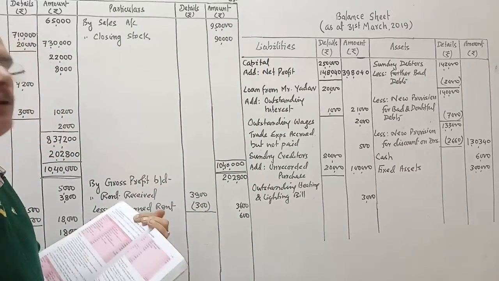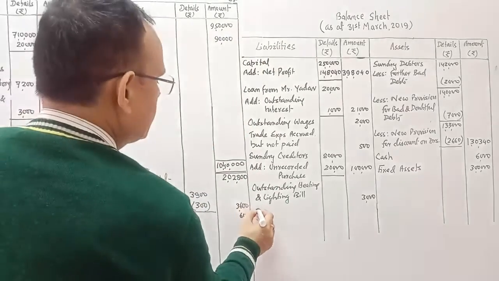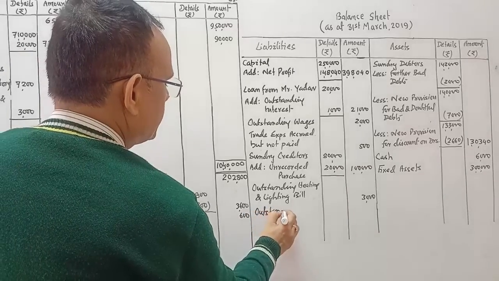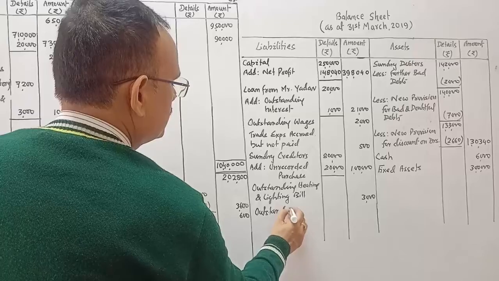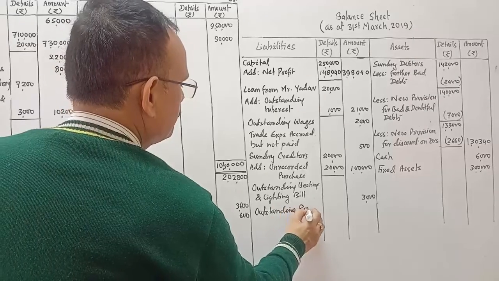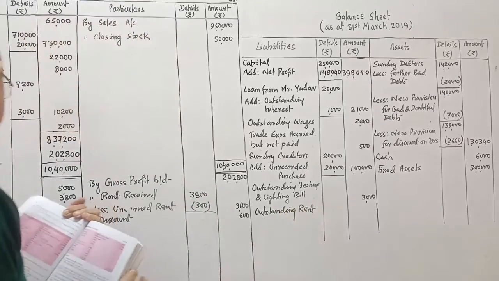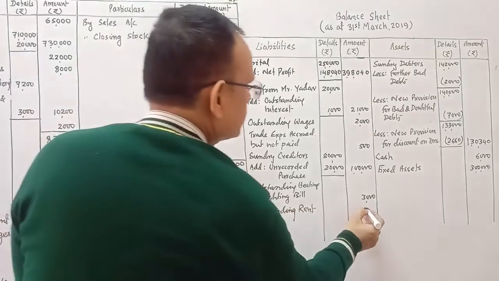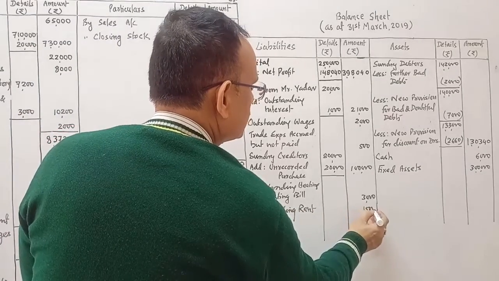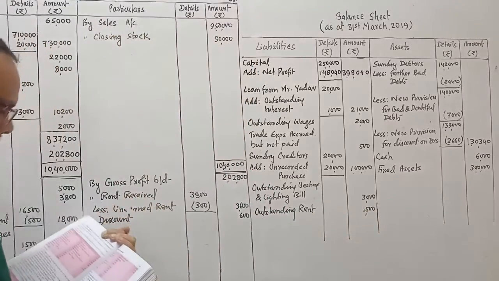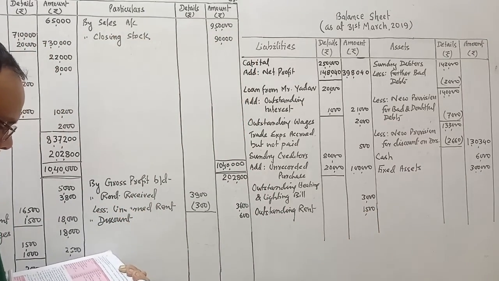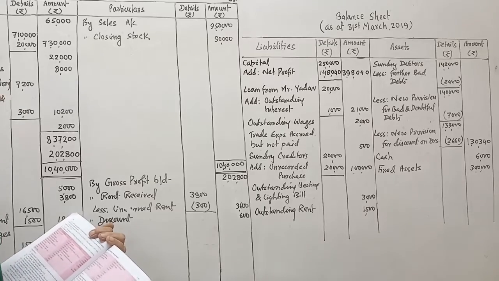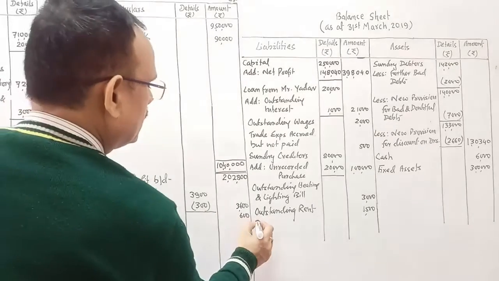Thereafter rent is paid for 11 months. So outstanding rent of 1 month. We have calculated that outstanding rent was 1500. We have already done the calculation in the working note. Thereafter rent received for 13 months means unearned rent.